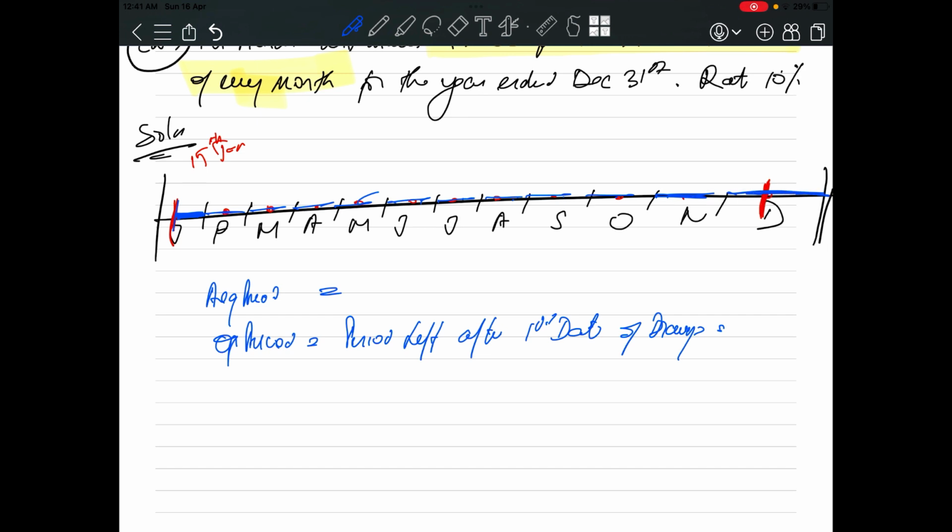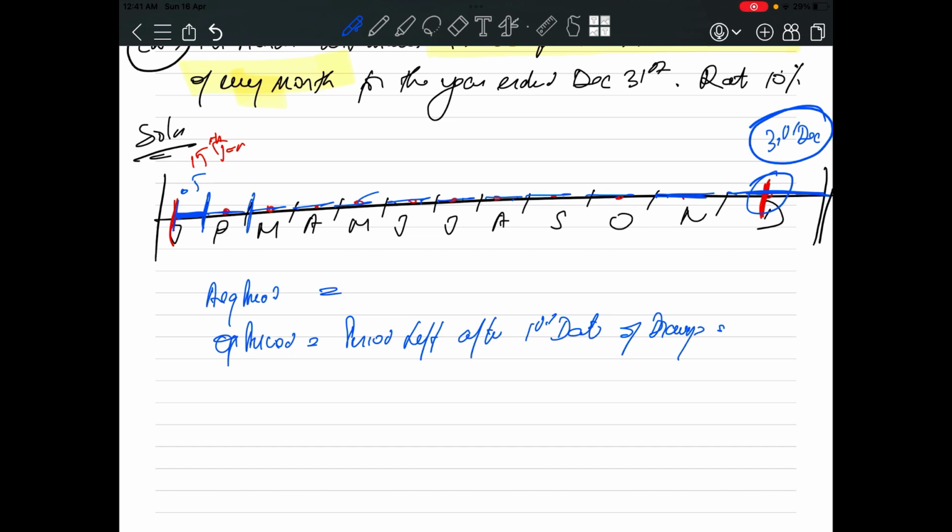11. Now don't be confused about the time of withdrawal. We have to see how much period is left after the first drawings, till 31st December. 31st December is the last day of the year. So we have to see how much period is left after we have done the first withdrawal. See, here 0.5 months is left.